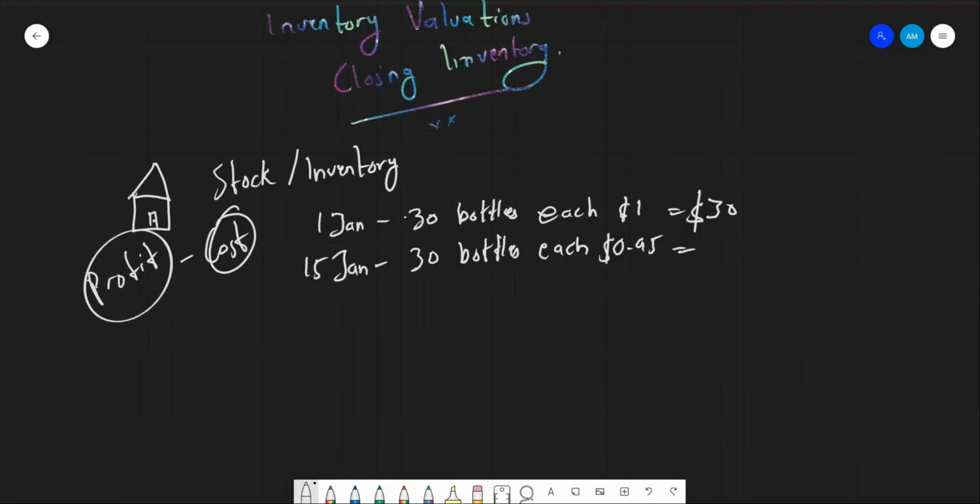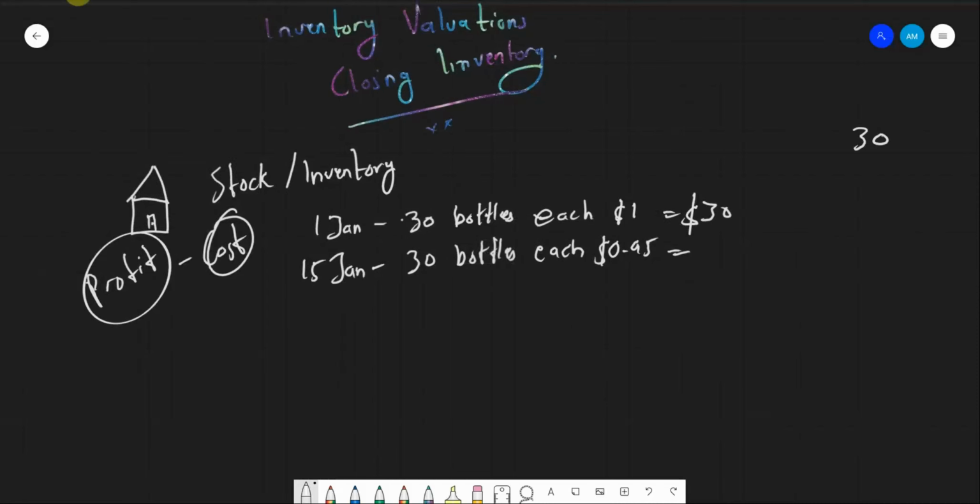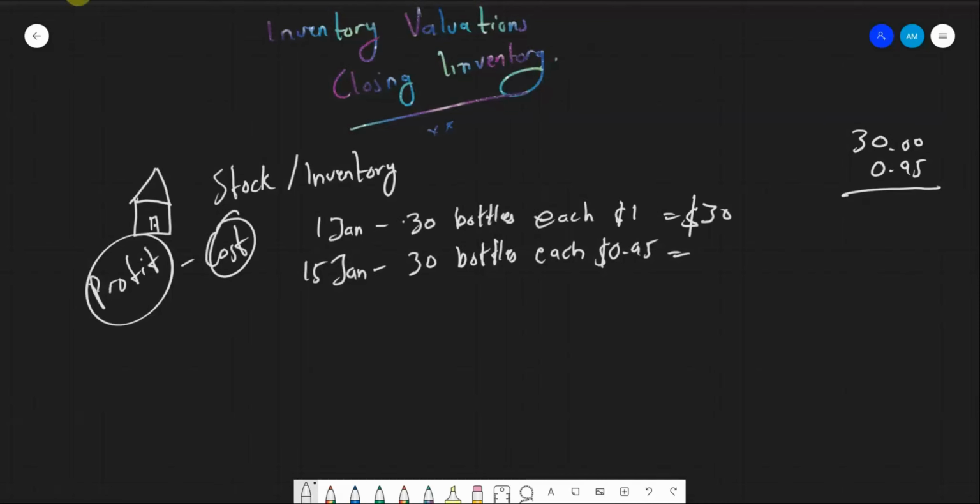Some maths. 0.95, so what do we do? 5 goes there, and how much would that be? 5 times whatever is 5. Put 0 here. Then 3 times 18, and then there's just some other zeros.